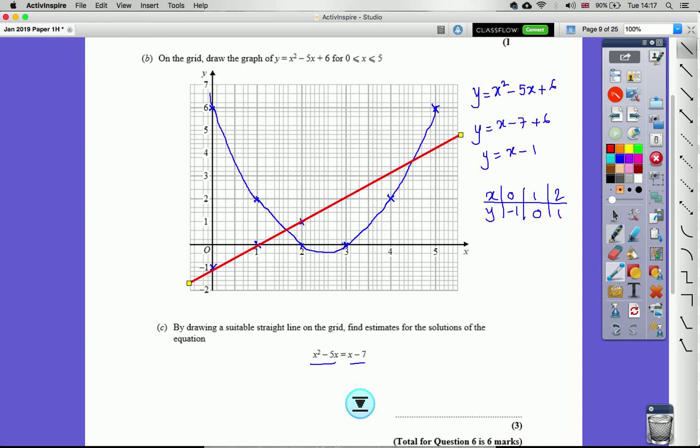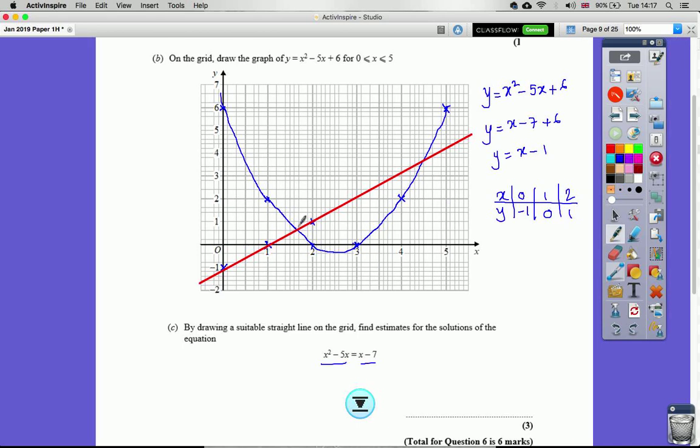And you see this straight line has crossed this graph at certain places. So one is here, another one is here. So let's take the reading of the x coordinates.